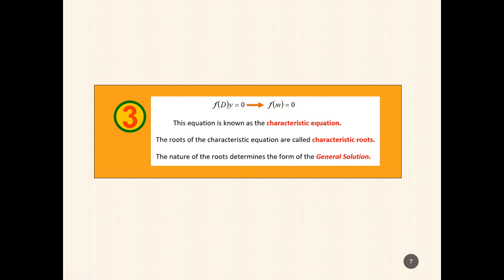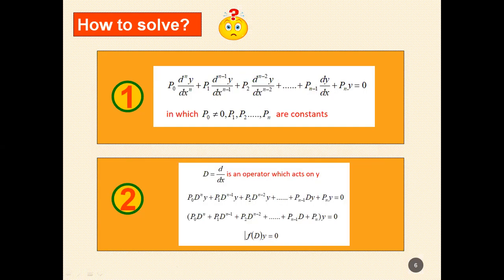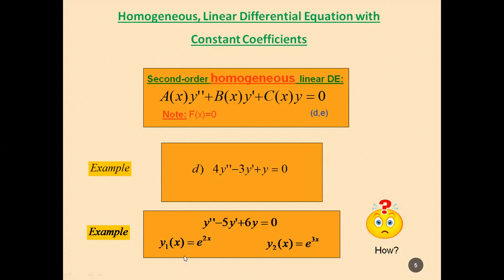If the roots are real, you will have a different form for your general solution. If it's imaginary, it's a different form. If it's complex, it's a different form, and so on and so forth. So to go back to the previous slide, which asks how did we get these two? We simply factored the characteristic equation coming from this particular differential equation.